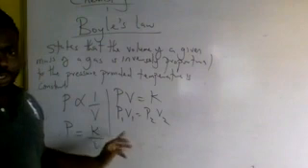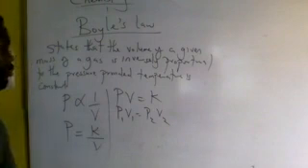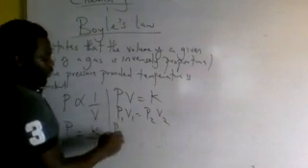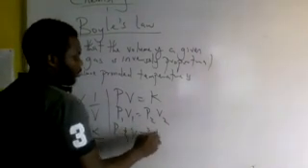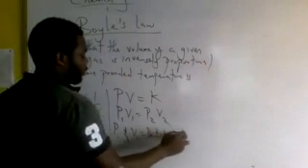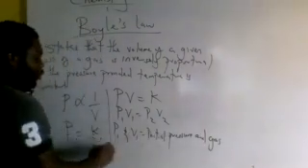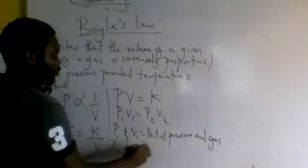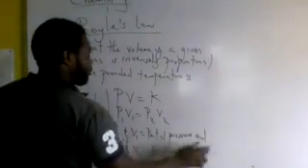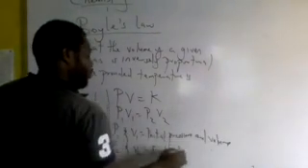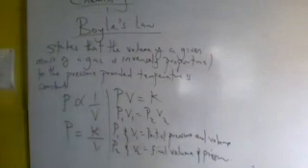P1 and V1 are the initial pressure and volume of the gas, while P2 and V2 are the final pressure and volume of the gas.